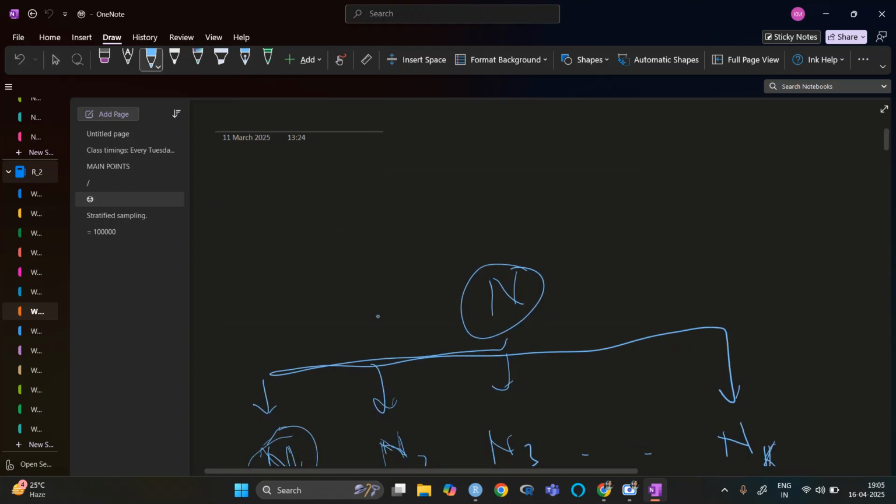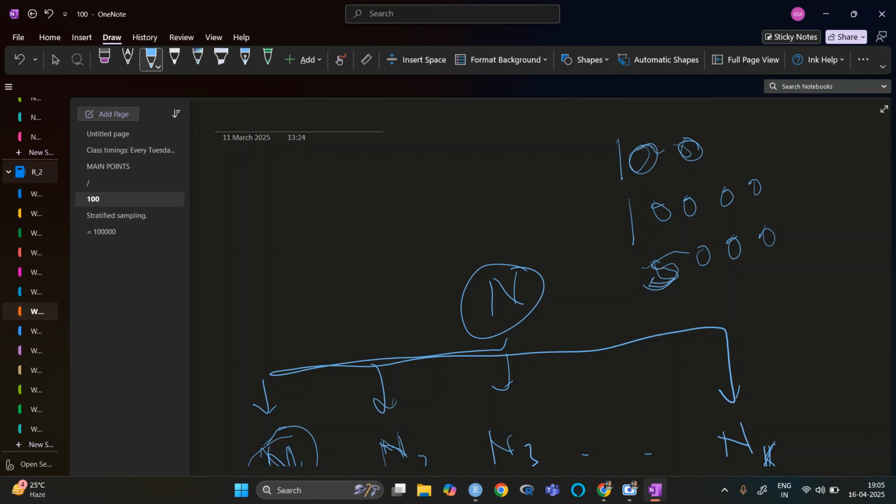If you have 100, 10,000, and 5,000, and I take 20 from each, then it is not a very good sample, because from the second and third strata we have taken a very small sample.